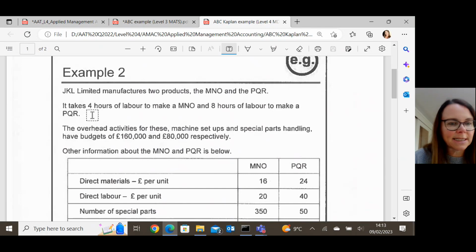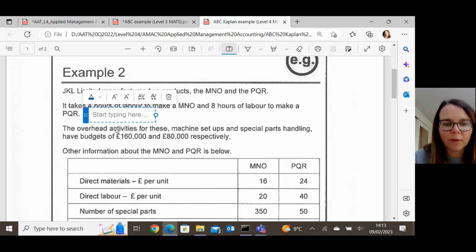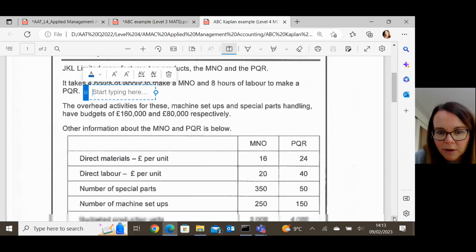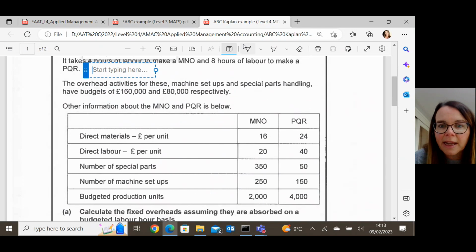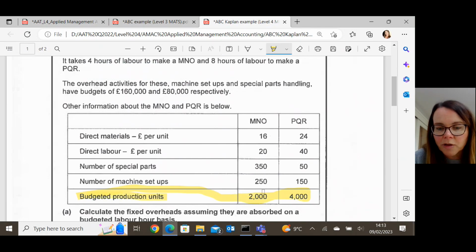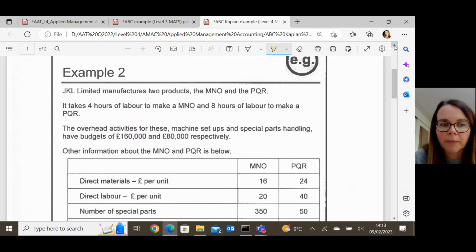Right, so at this point, I'm just going to work out how many labour hours I need altogether. Can you see here, I've got my budgeted production units: 2,000 for MNO and 4,000 for PQR.